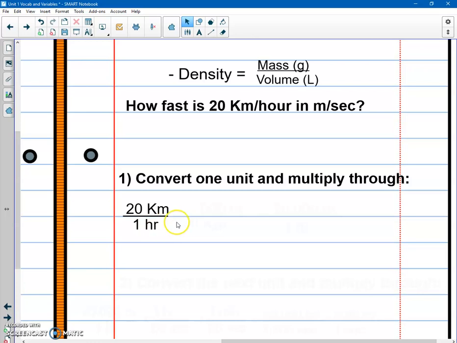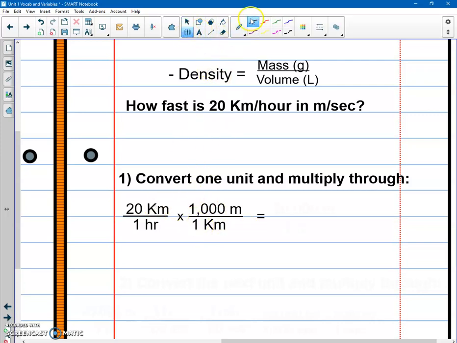Okay, and if we're going to convert distance here, we will change kilometers to meters. So we have 20 kilometers per hour times 1,000 meters divided by 1 kilometer. Notice this is just 1. 1,000 meters equals 1 kilometer. So this is just 1, but our units can cross out, right?